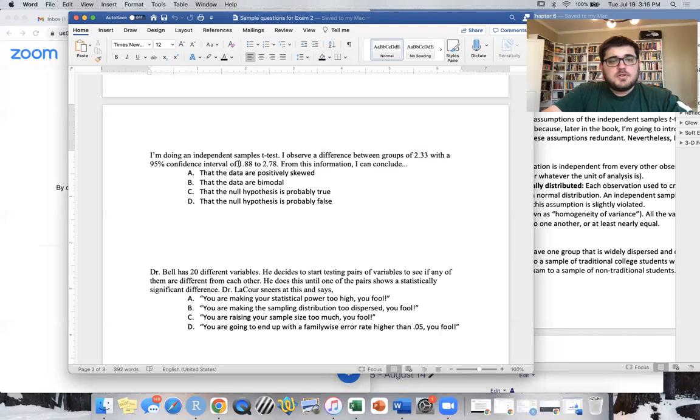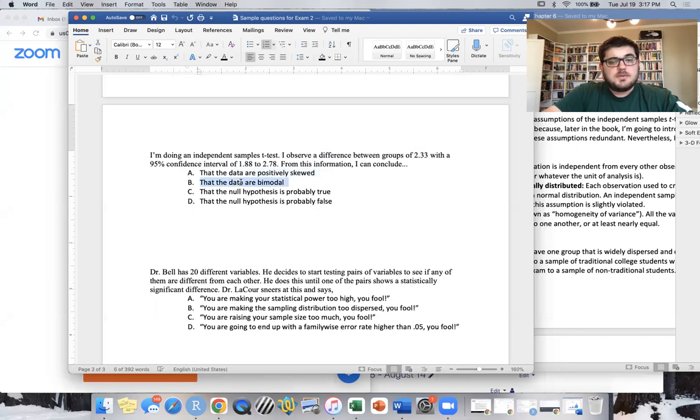So you can be pretty sure that there's not an absence of a difference, because if there was no difference, then 0 would be somewhere in the interval. Like if one of these numbers was positive and the other one was negative, that means 0 is one of the plausible values, but there's not. From this information, you can't conclude anything about the data being skewed or not skewed.